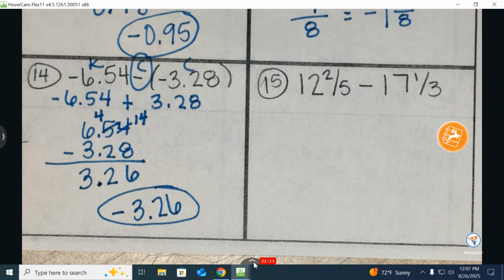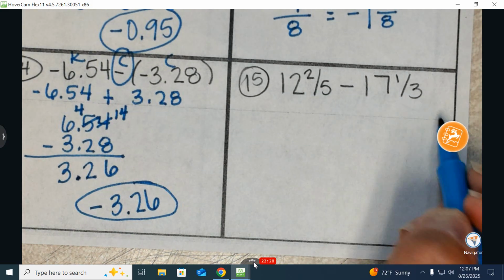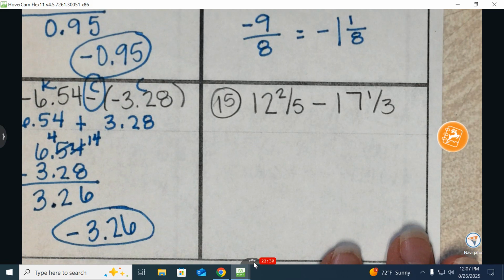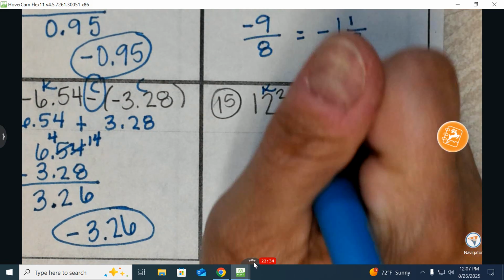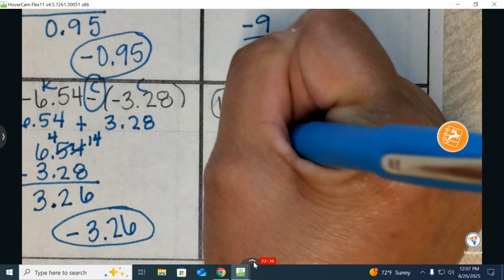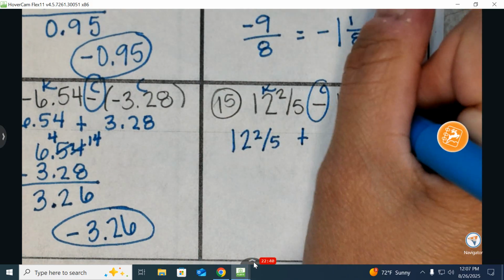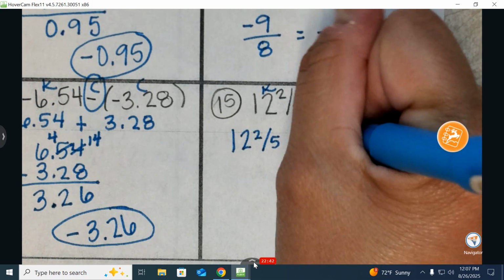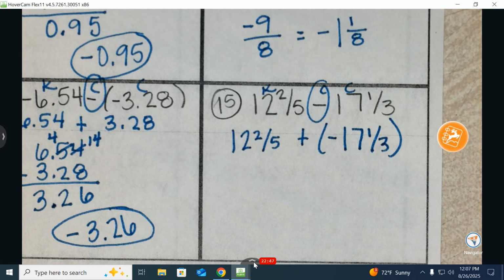Okay, here we have 12 and 2/5 minus 17 and 1/3. It is not a normal subtraction problem, so I'm going to do keep, change, change. So we keep our 12 and 2/5, change subtraction to addition, and change positive 17 and 1/3 to negative 17 and 1/3.